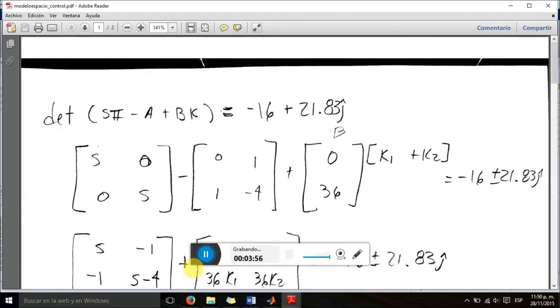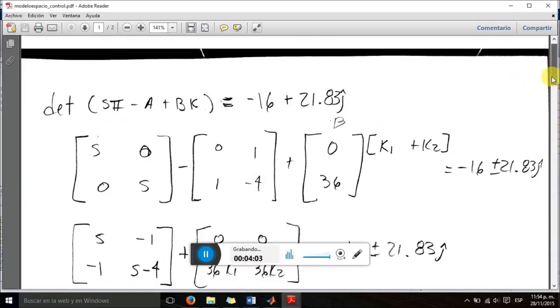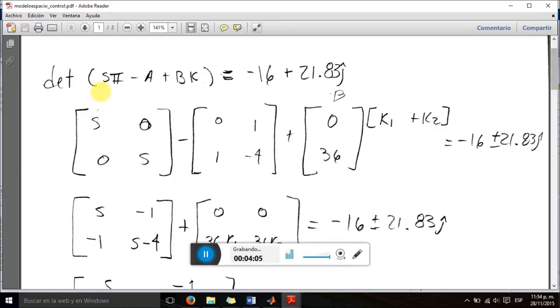So the next step is to perform the control law, and this is obtained by making equal the desired poles, the ones that we obtain with sigma and omega d, and is equal to the determinant of these matrices: the identity matrix, the A matrix, the B matrix, and some gain constants.